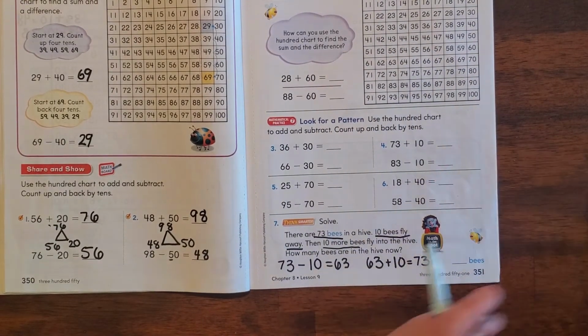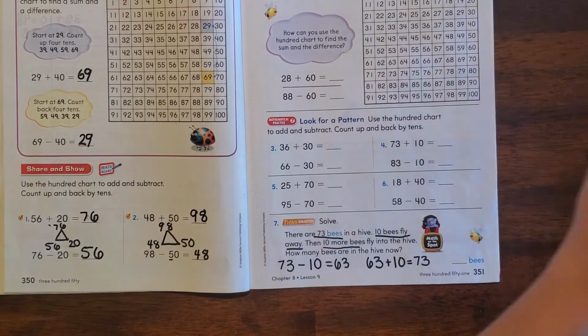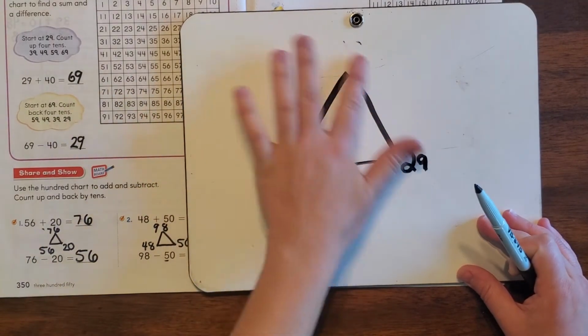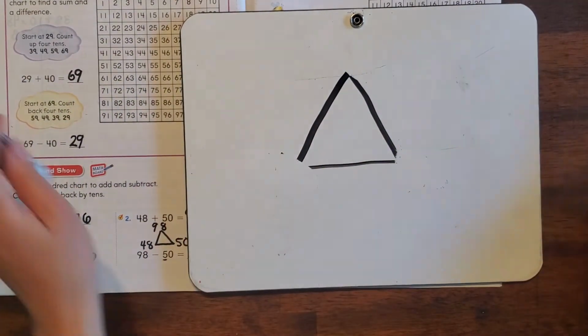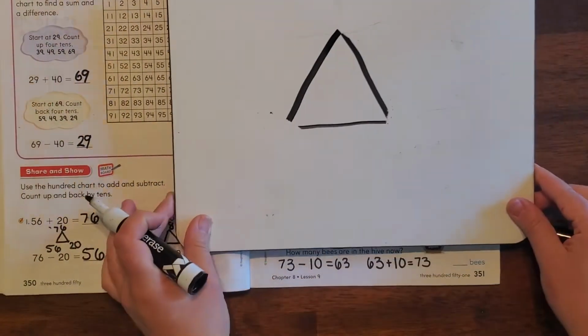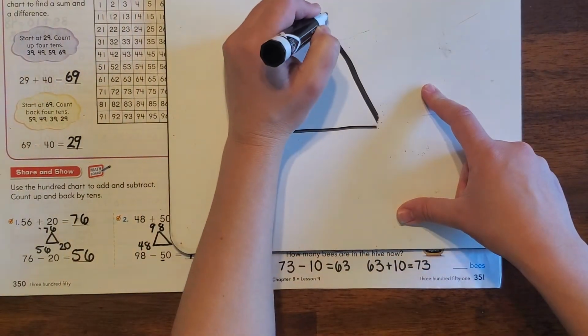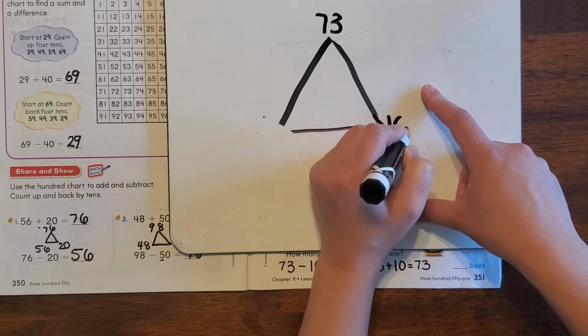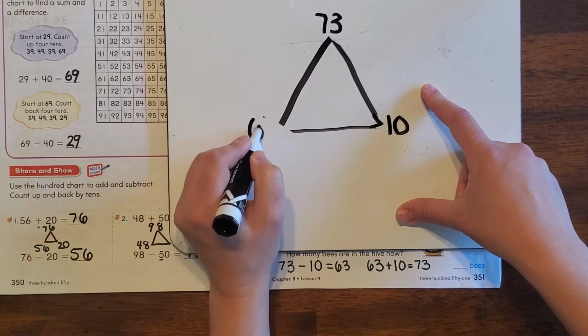Now we can use a number bond for that as well. I'm going to go ahead and use my whiteboard here. So there were 73 bees in the hive, and then there's 10 and 63.